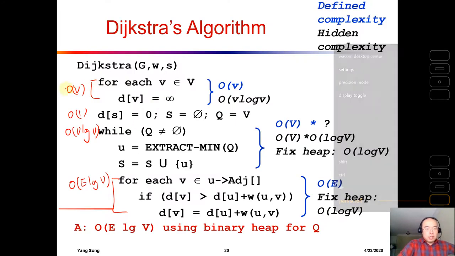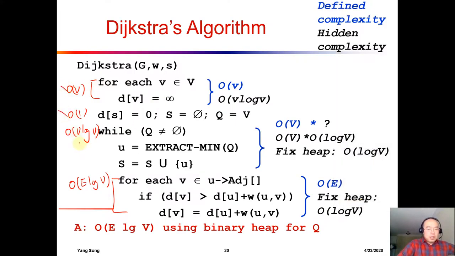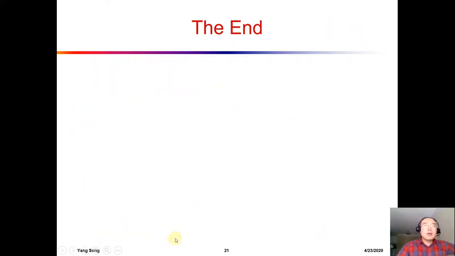It can't be the first, it can't be the second. For V log V and E log V, which is more significant? Remember, just now we said usually we have more edges than vertices. So O(E log V) will be the more significant component. This makes the time complexity of Dijkstra's algorithm O(E log V). That's the analysis of Dijkstra's algorithm.